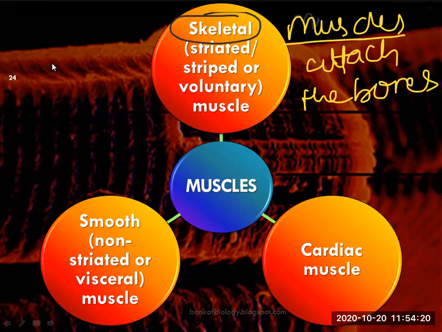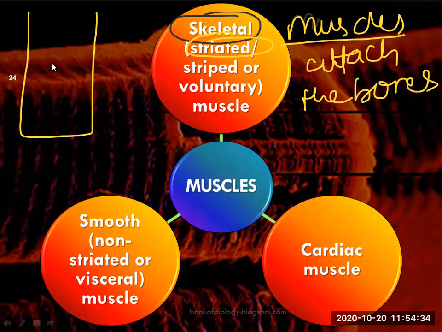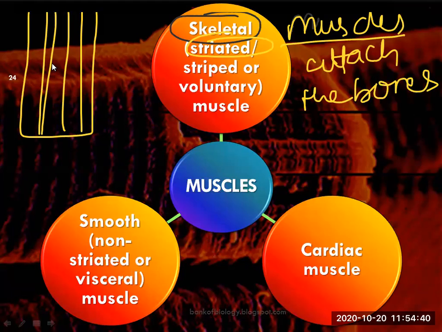Next, why are these called striated? That is another thing you should say. The reason to say them as striated muscle: you see here that this is a muscle fiber. In this muscle fiber, so many myofibrils are present, and these myofibrils are having striations.